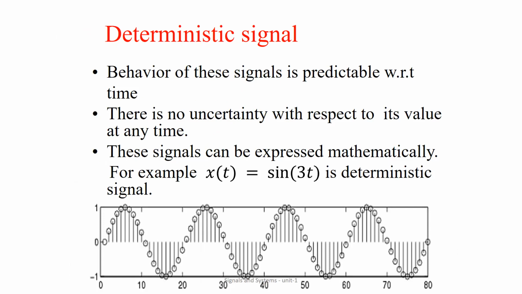Deterministic signal, the behavior of these signals is predictable. There is no uncertainty at any value, and it can be represented with a mathematical expression. For example, you can take x of t is equal to sine omega t or sine 3t, sine 4t like that.